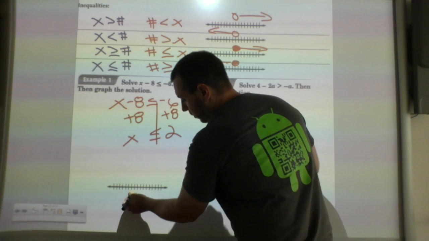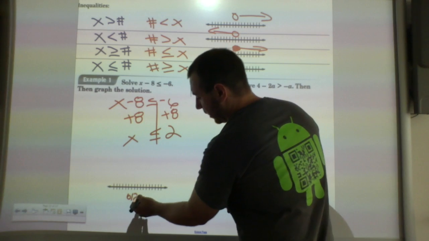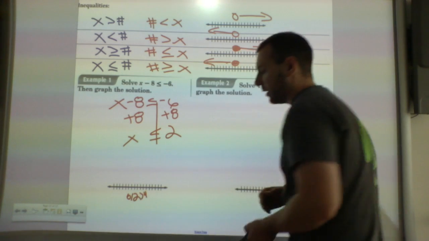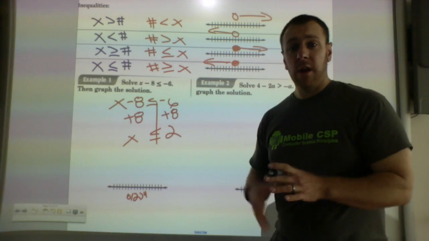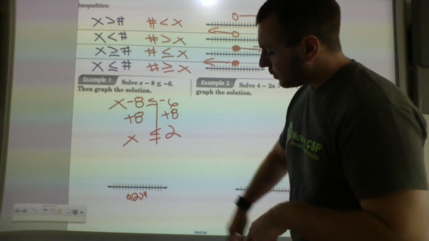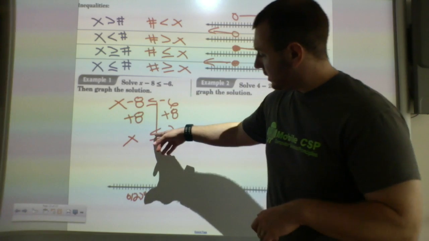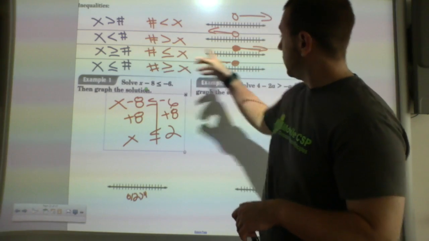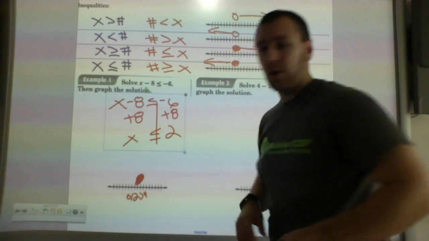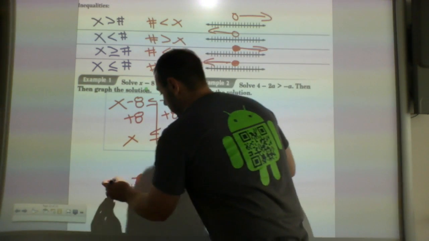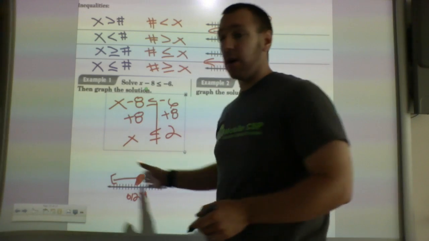That means 1 and 0 are over here, and 3 and 4 are over there. But you don't really have to fill that in. We're just trying to get a sense of where this number is. So this is x is less than or equal to, so it's a closed circle over the 2, and it's pointing to the left, numbers that are lower than 2.